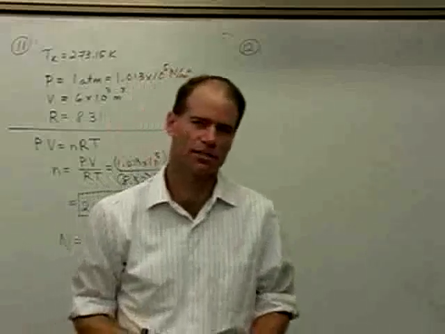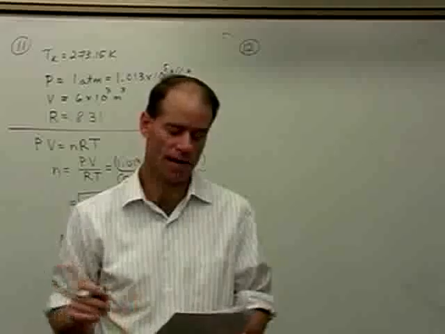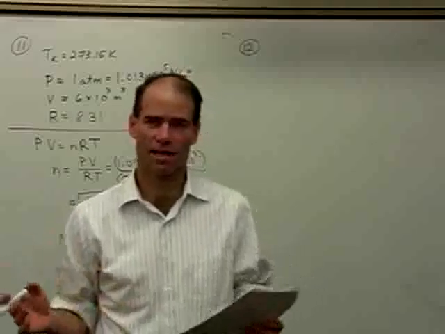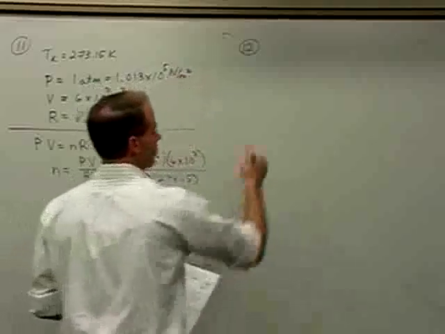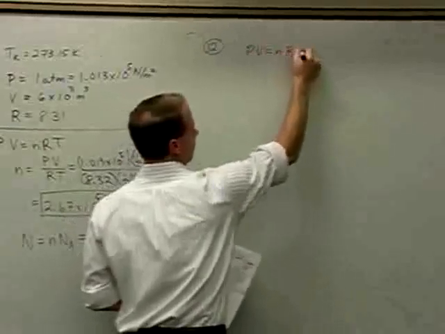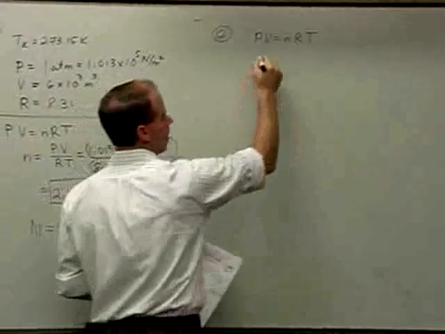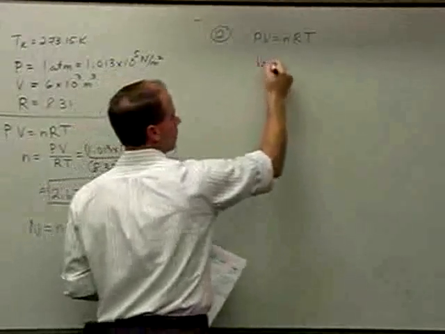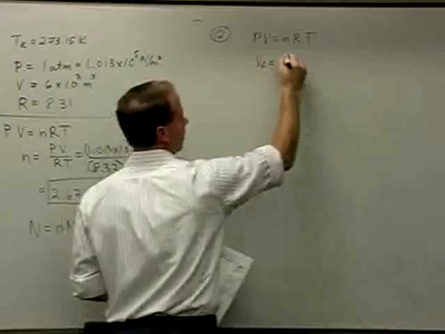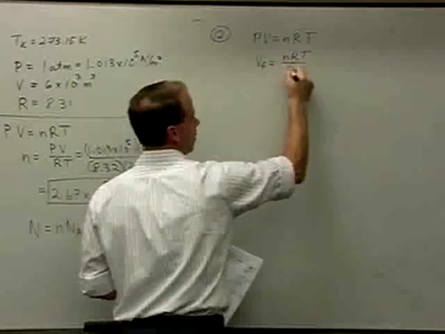We want to find the change in volume, and for this gas, it's an ideal gas, so the ideal gas law will apply. If we start from the ideal gas law, PV equals nRT, our final volume would equal nRT divided by our final pressure.